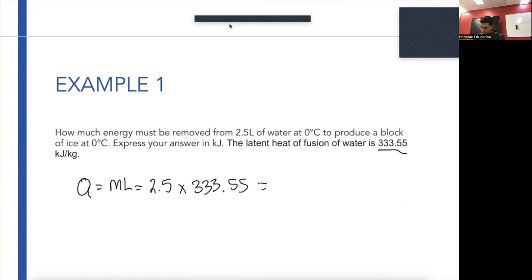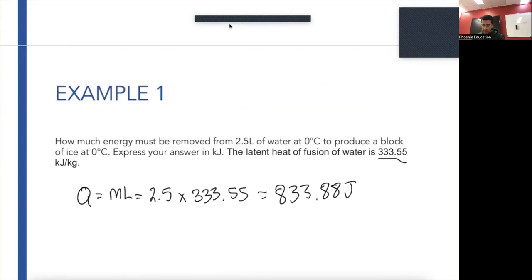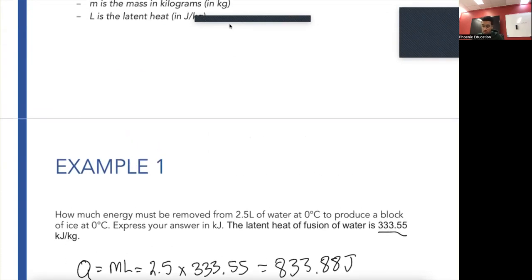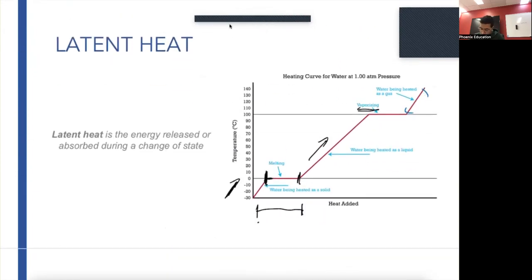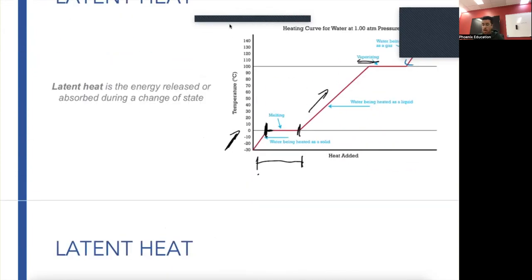What this gives us is 833.88 joules. So 833 joules must be removed from the water to convert it into ice, and this straight line energy would be 833.88 joules.